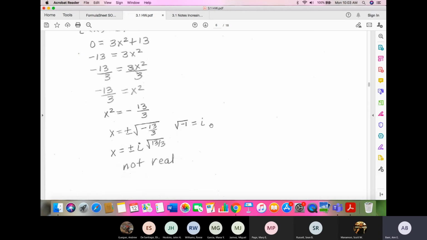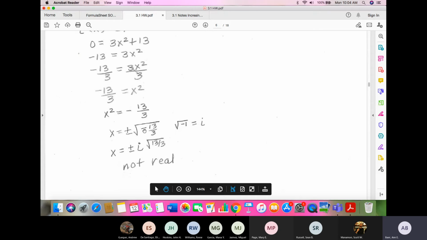We have the imaginary unit to represent complex numbers, but we're only graphing in the real number system. We don't want an i. It's much more difficult to graph in the complex number system. So we're only talking about the real number system here. So this is not real because of this i here.